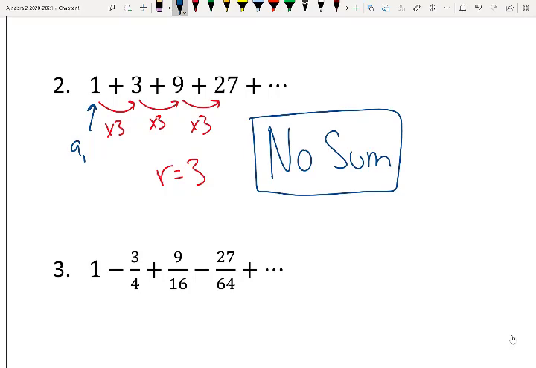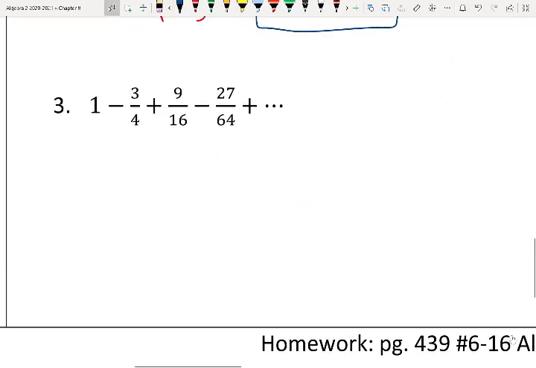All right, last one. Number 3 in box 4. Same thing, my a sub 1 is just 1. My r value I have to figure out. Now, this is another one where my sign alternates, which means I'm multiplying by a negative number. Because positive 1 times a negative gives me a negative, and a negative times a negative will give me a positive. And the nice thing is I'm starting at positive 1.